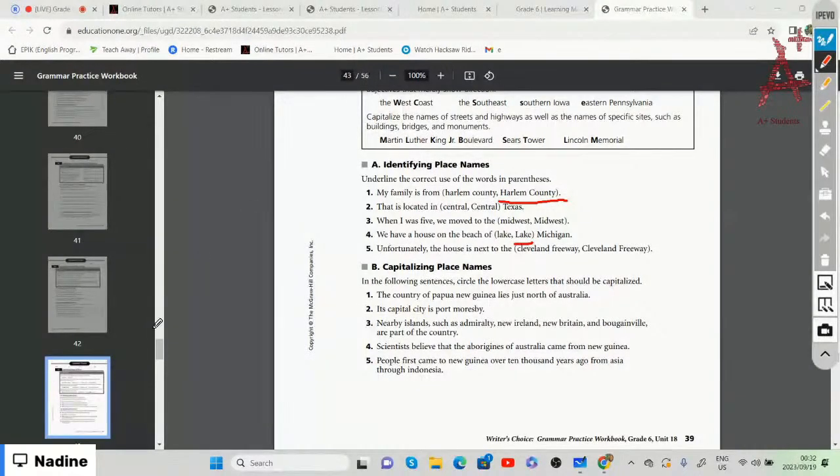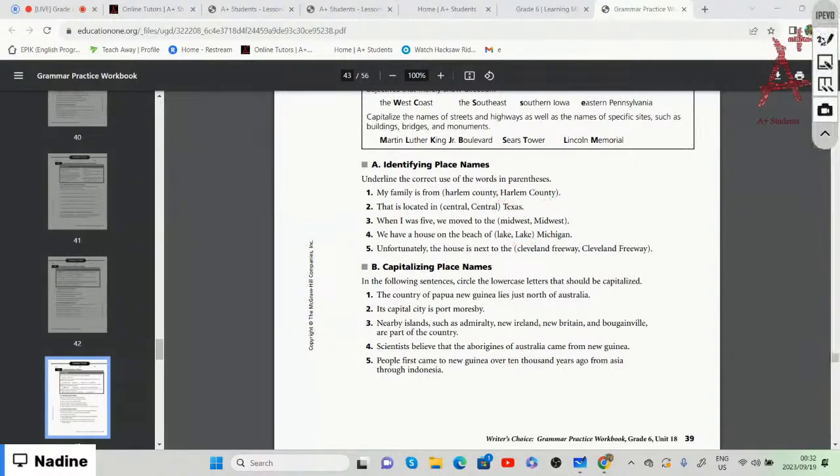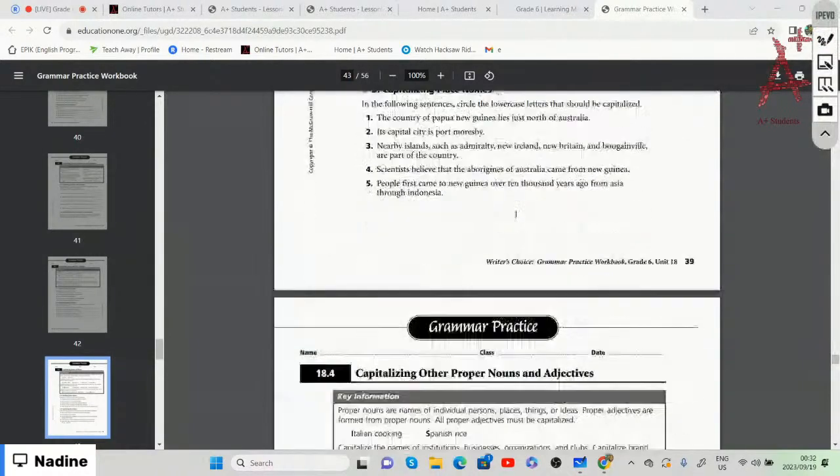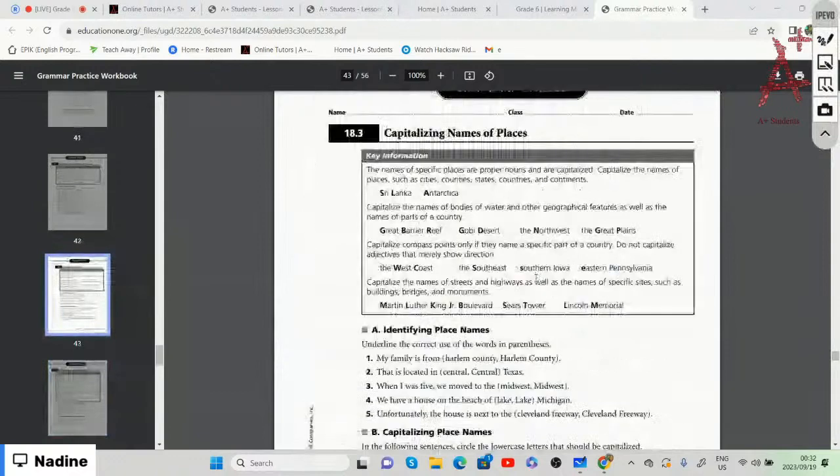All right, so now we're going into capitalizing place names. And remember, we said names of people, pets, as well as names of places need to be capitalized.